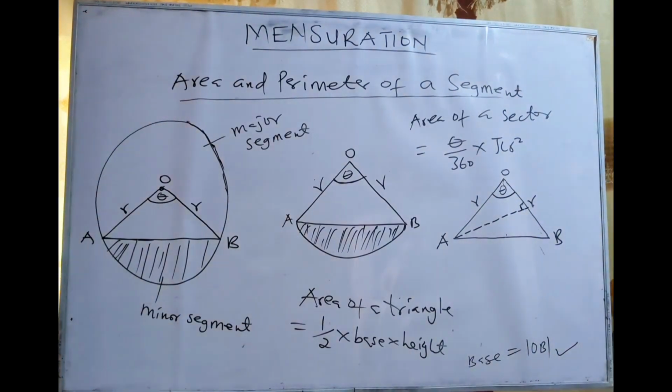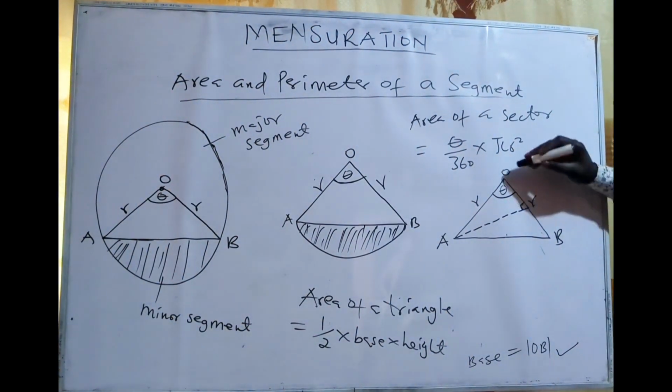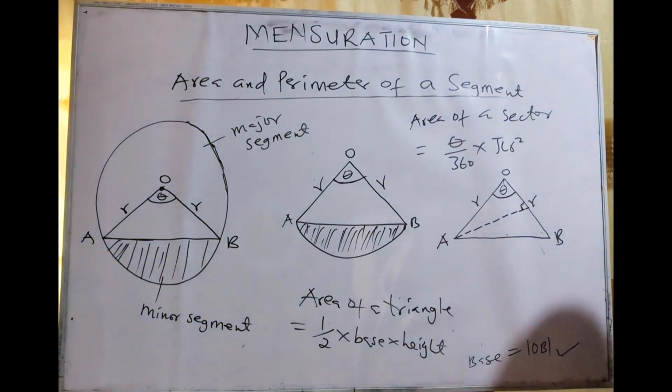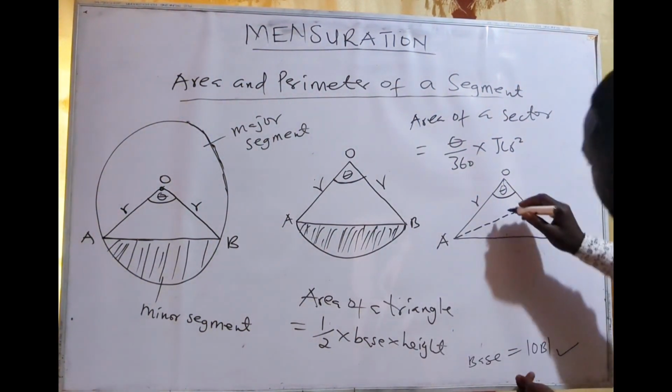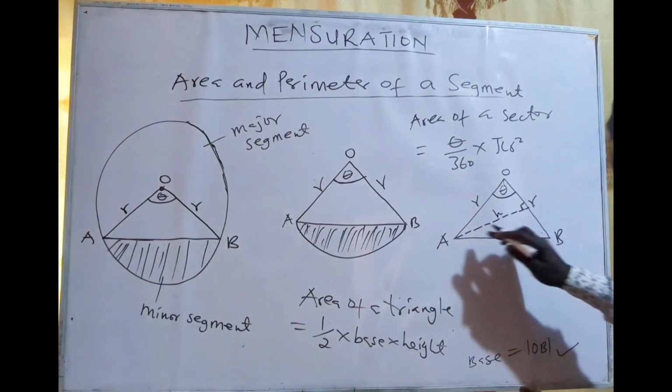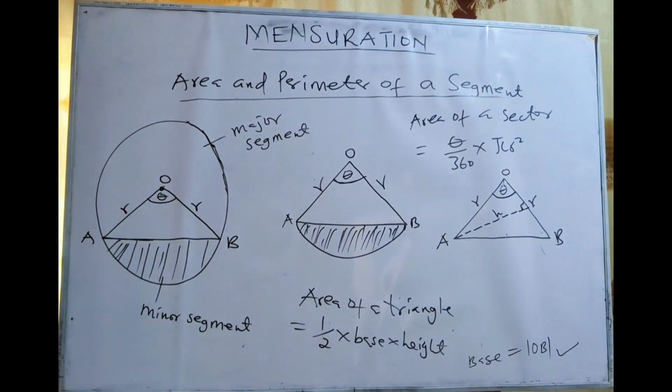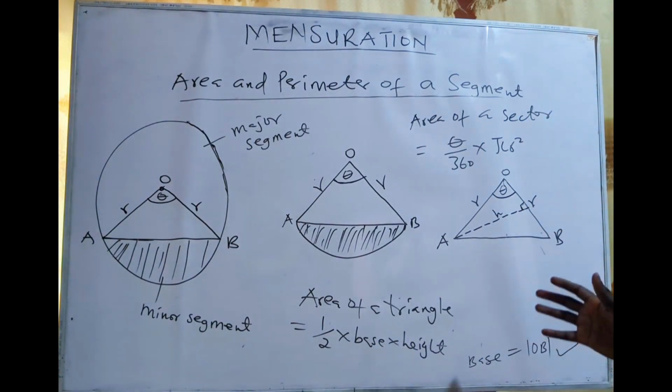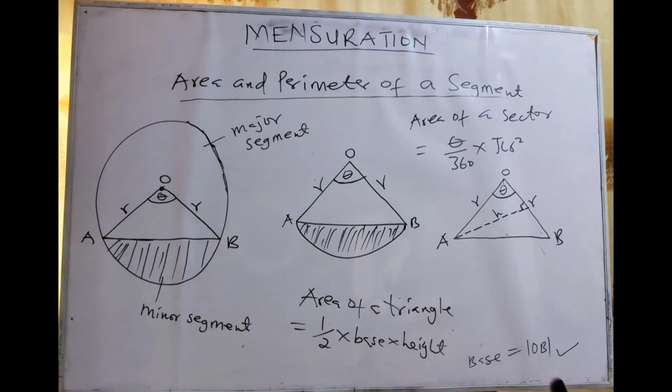What is left is our height. Let me call the height H. We are supposed to find the height, but we have to find the height in terms of the radius, so that when we are calculating it will help us get our answer simply.